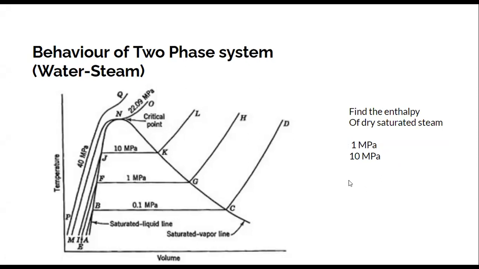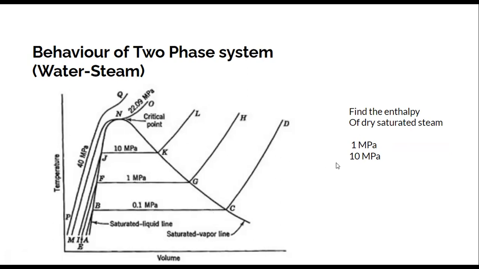Similarly, I talked about dry saturated steam at 1 megapascal. For this, you need to find the enthalpy at this point, that is Hg at 1 megapascal. At 10 megapascal, if you want to find Hg, you need to find it at this point, Hg at 10 megapascal, that is 100 bar.